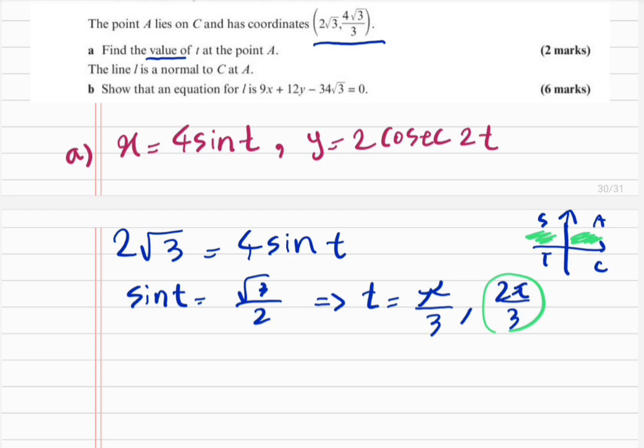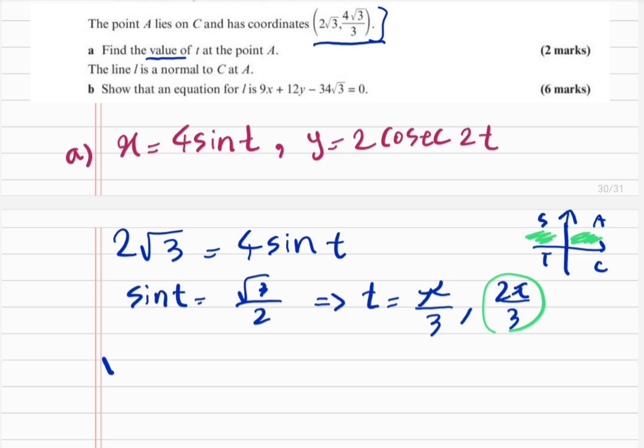A very easy way here is to substitute each of these values of t into the equation of y, and you already know that the y coordinate is 4 root 3 over 3. So you substitute each of these t values, and for only one of them, you are going to get the same y coordinate as written here, which is 4 root 3 over 3. The other one won't give you that value. So with that method, you can find the right t value for this question.